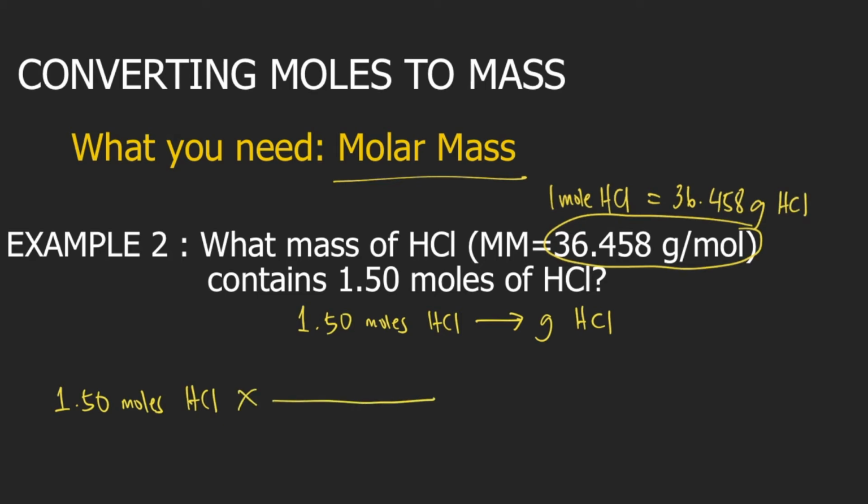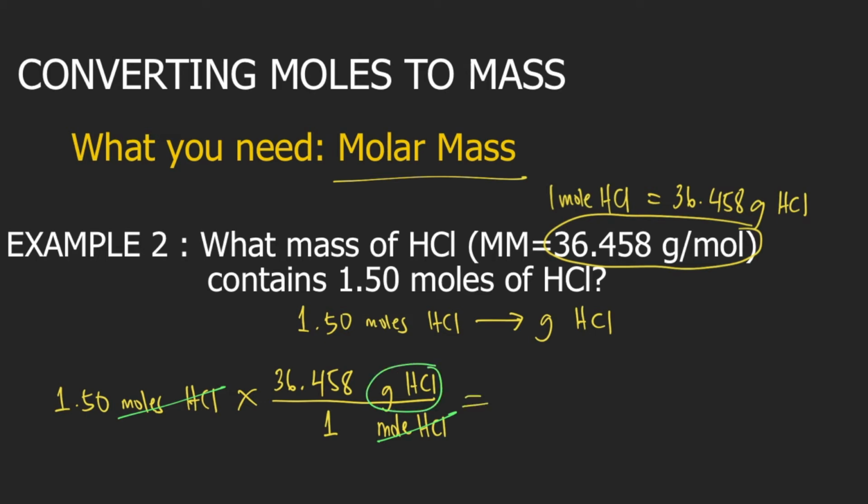So to cancel the moles of HCl, we will put moles of HCl on the bottom, and on top we put grams of HCl. And 1 mole of HCl is equivalent to 36.458 grams. Moles of HCl will cancel, and the unit becomes grams of HCl.